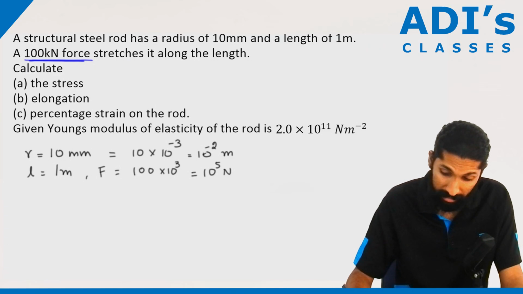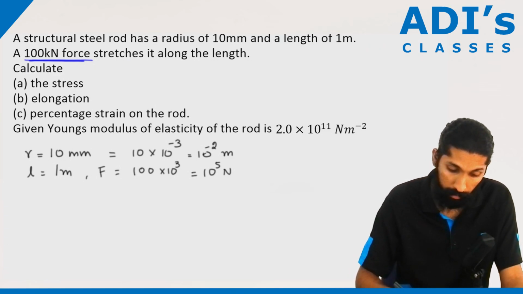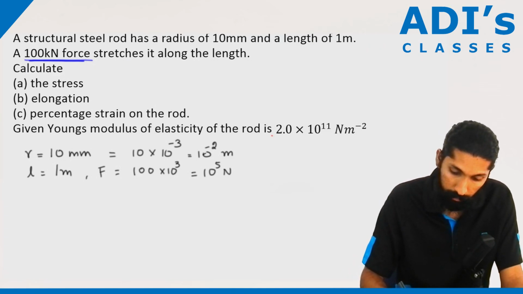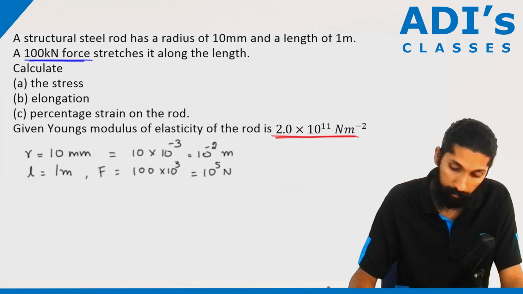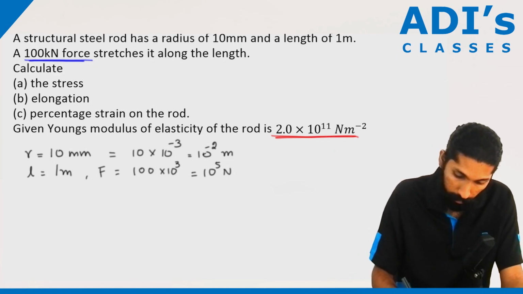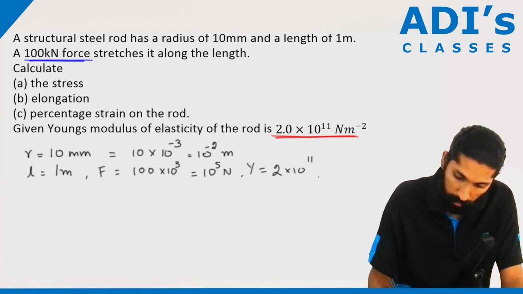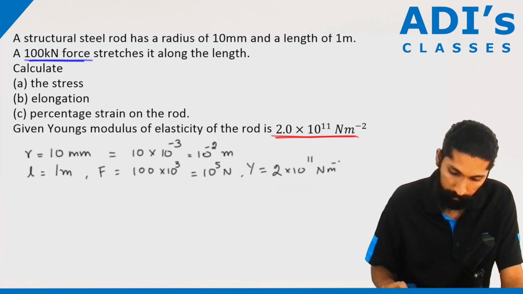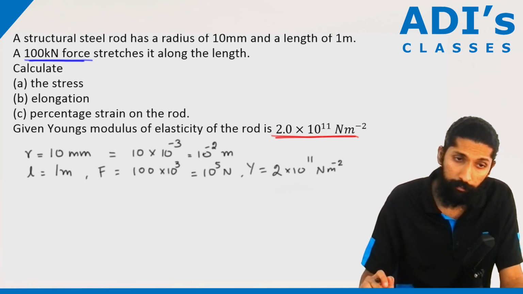What else is given? Very important one, the Young's modulus. Let's write that down. Y is equal to 2 into 10 to the power of 11 Newton per meter square. These are the given information.